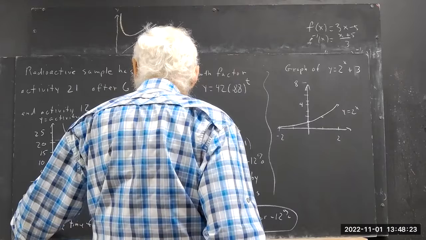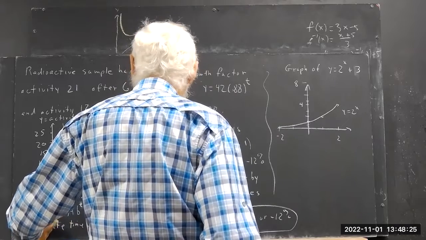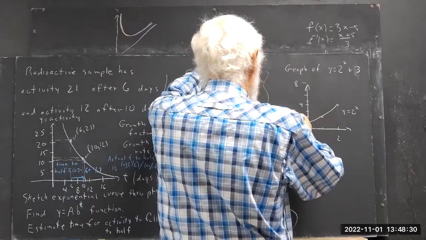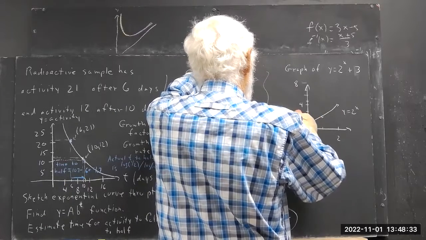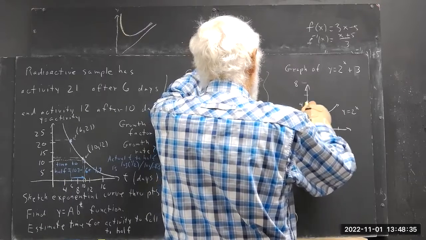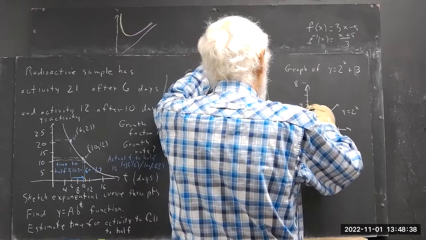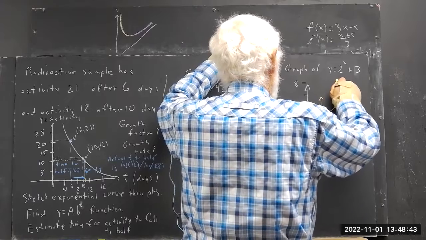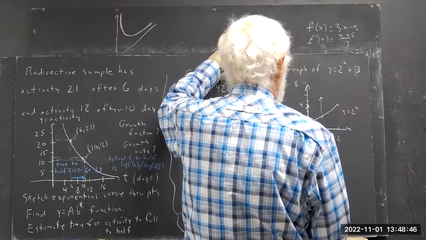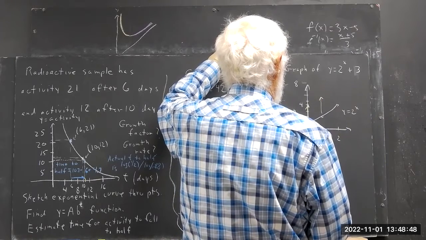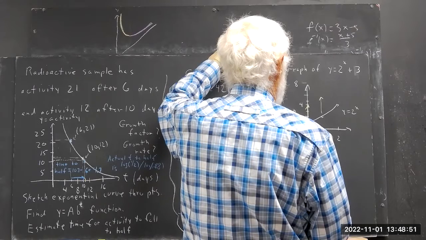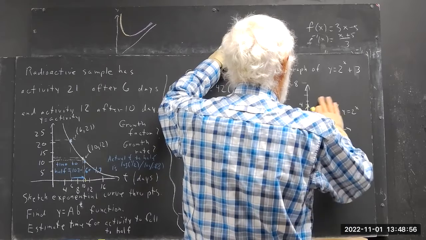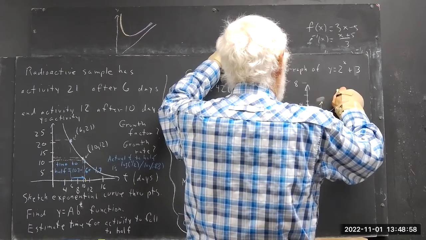You get y equals 2 to the x plus 3. We simply raise every point 3 units. So we raise this point up 3 units, raise this point up 3 units, raise this point up 3 units, and we do the same for this point down. And this point.